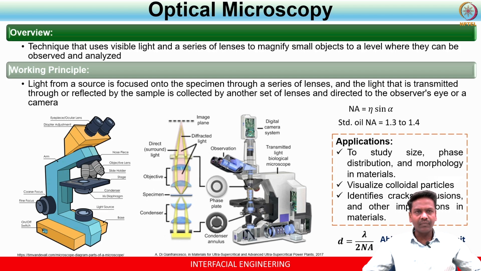If I look at them through a 100x objective, I am magnifying the specimen by 1000 times, right? So that is how you are able to see the specimen very clearly, which is not possible through the naked eye, right?